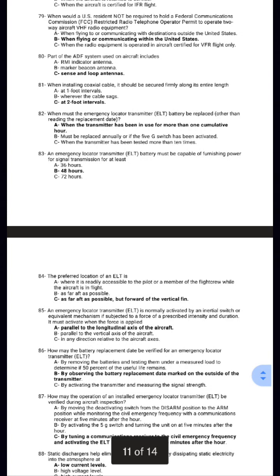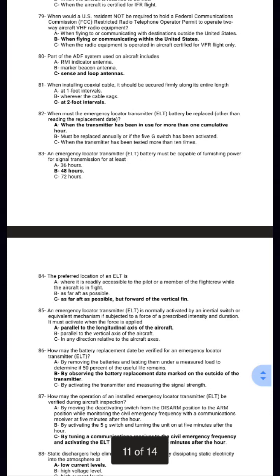When must the emergency locator transmitter, the ELT battery, be replaced, other than reading the replacement date? When the transmitter has been in use for more than 1 cumulative hour. I don't know how else to explain that other than what it says.